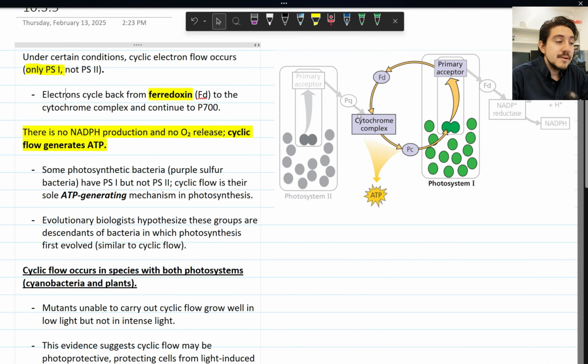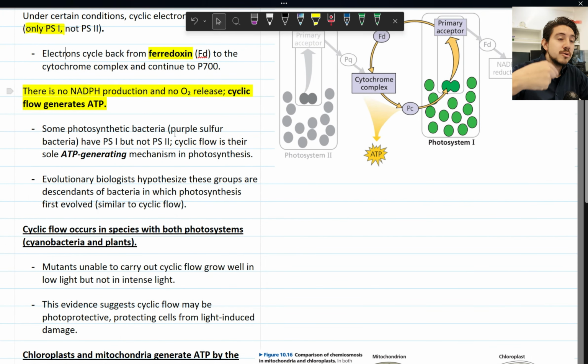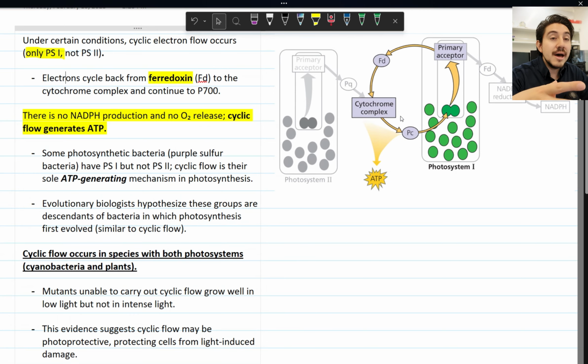Okay? So electrons cycle back from ferredoxin to the cytochrome complex to continue going into photosystem 1 again and again. So why do you think that occurs? It's ultimately to generate ATP.